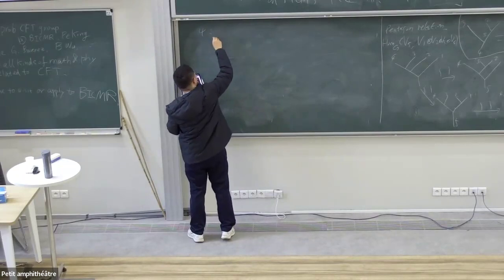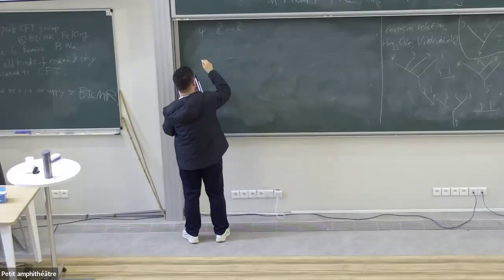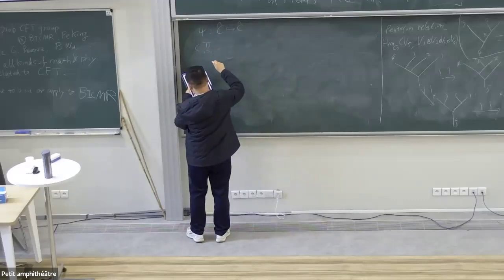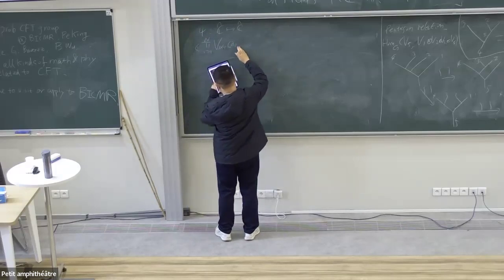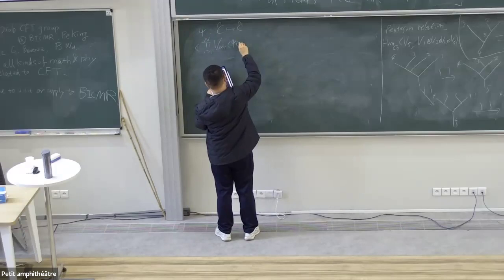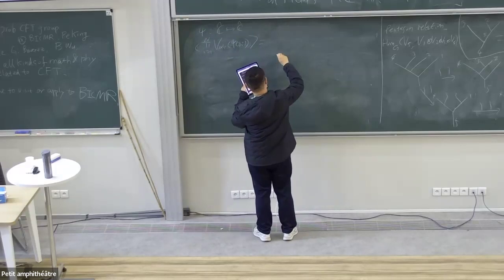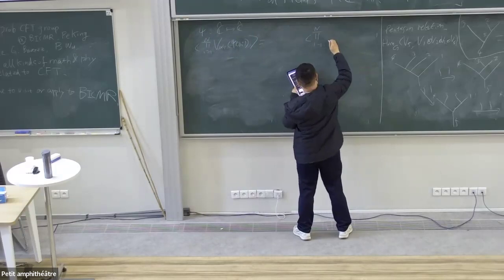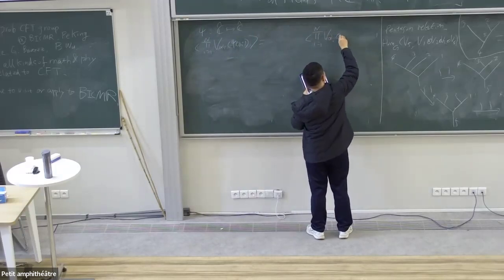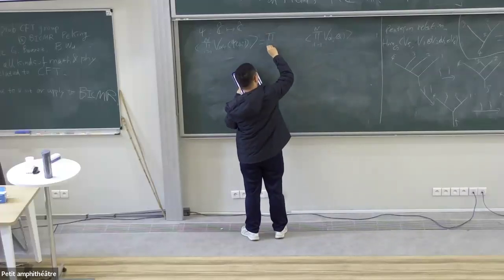Suppose psi is a Mobius map. Then this will just be equal to, there will be some factors, and the factors are given by the conformal dimension.